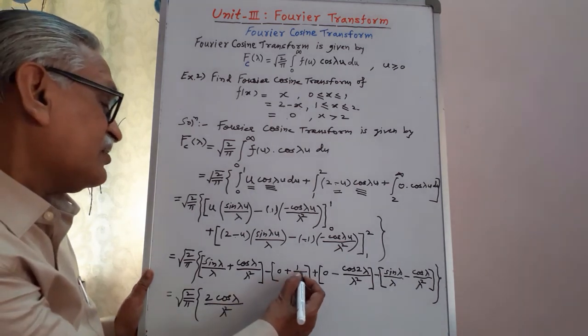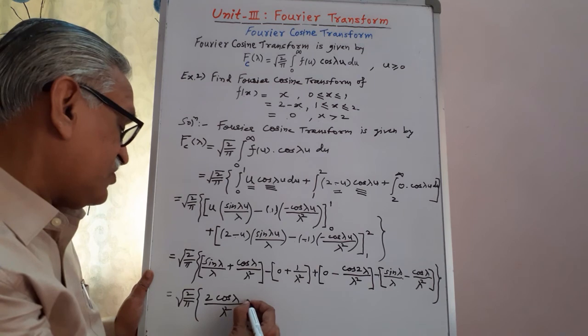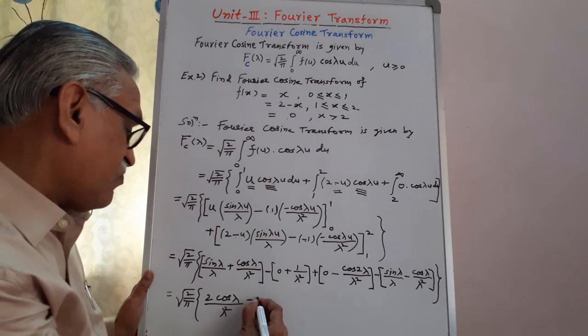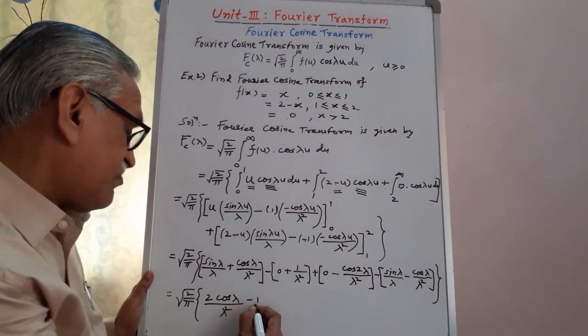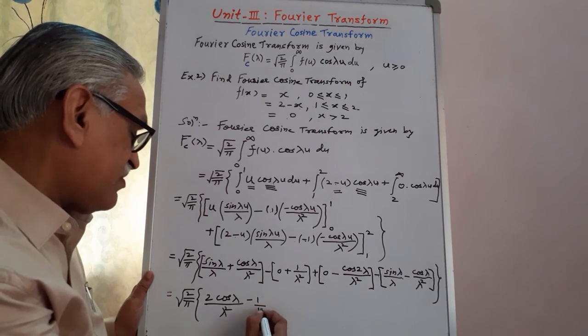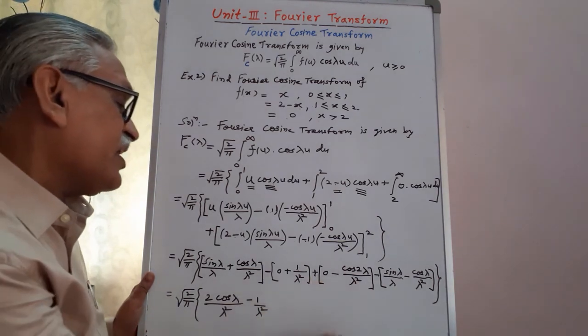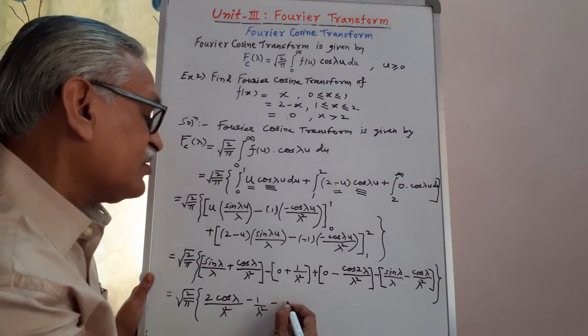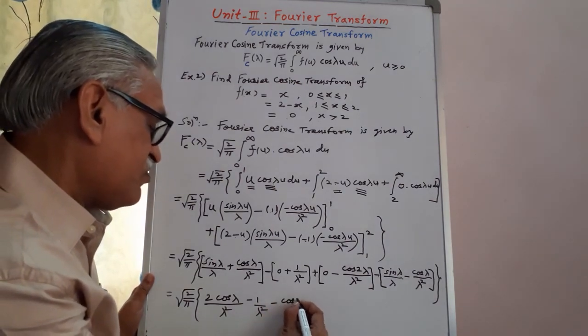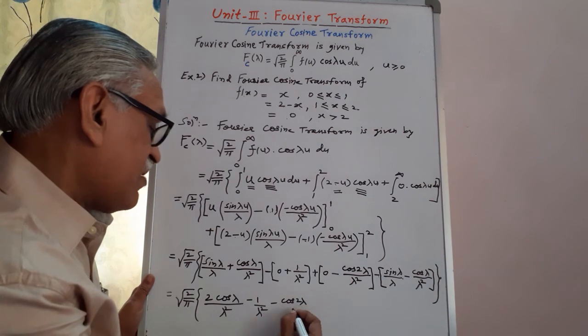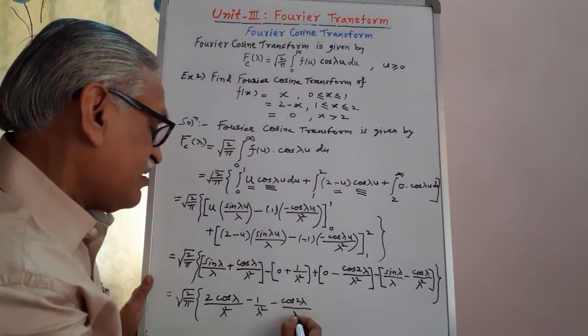Then minus 1 by lambda square and this one as minus cos(2 lambda) by lambda square.